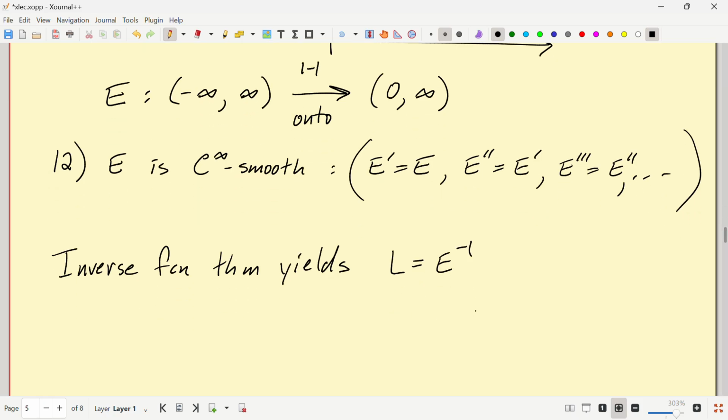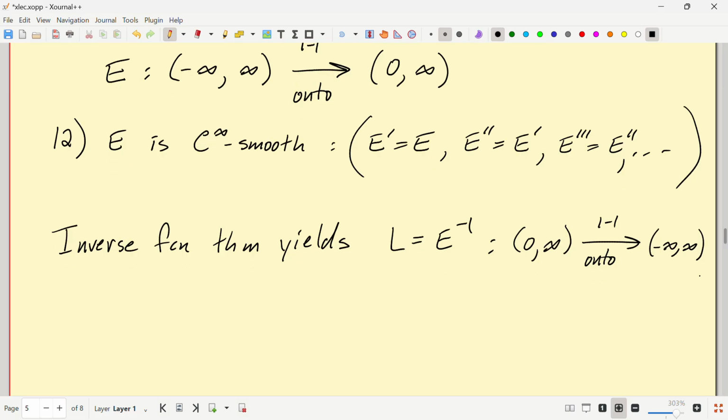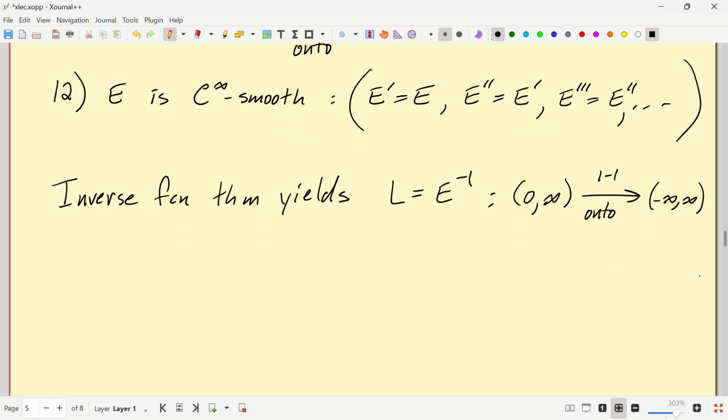And let's see, L would map 0 infinity 1-to-1 onto minus infinity infinity. It would only be defined from 0 to infinity on 0 infinity. And remember, the inverse function theorem yields that inverse exists, and it's differentiable.